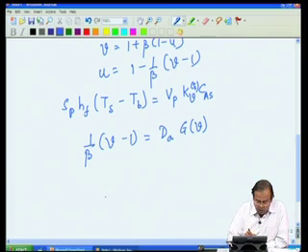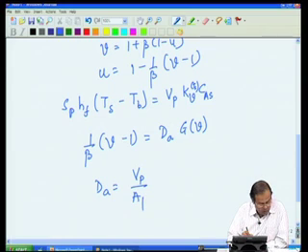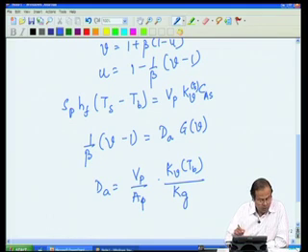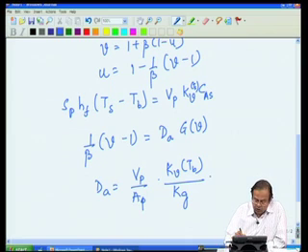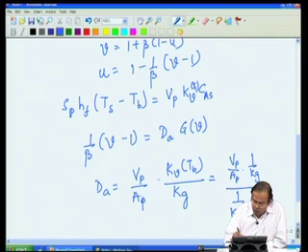Damkohler number works out to be Vp by Ap into Kv evaluated at bulk conditions divided by the mass transfer coefficient, which we can write in the manner that we wrote earlier, Vp by Ap into 1 over kg divided by 1 over Kv.